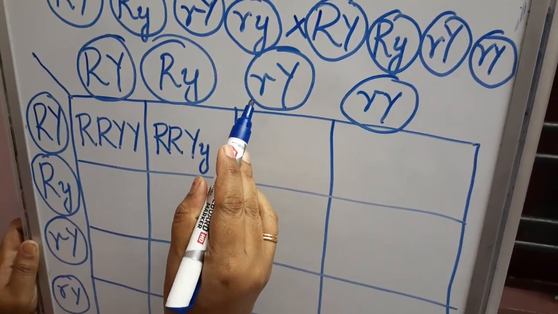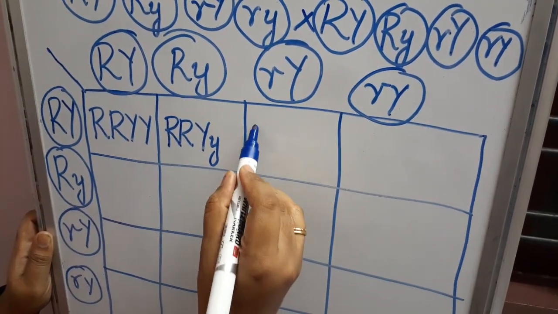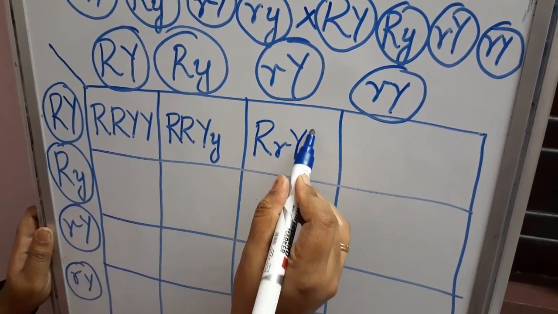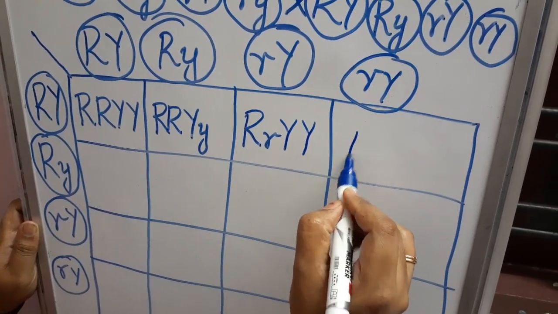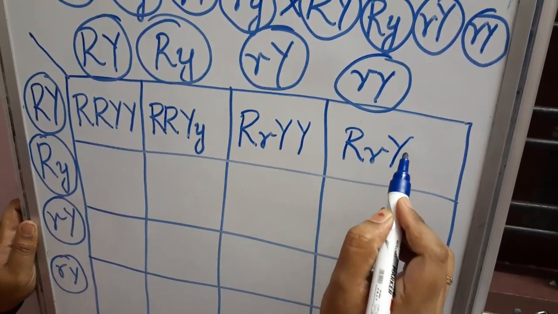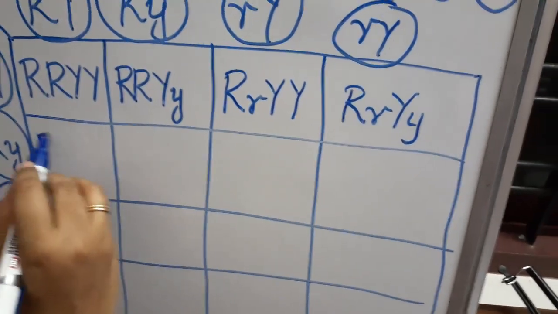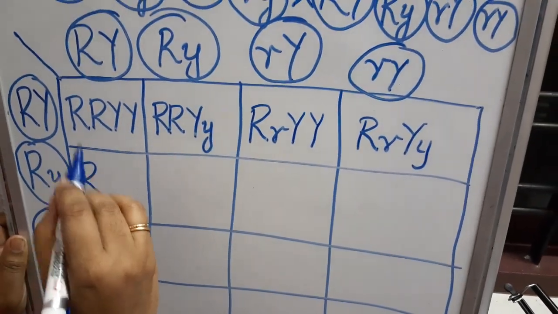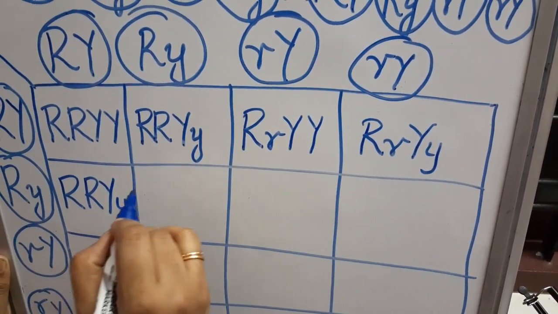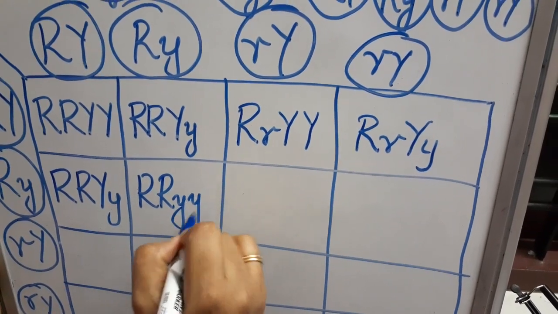Okay, so for this one capital R is there, small r is there. So first you should write capital R, then small r, capital Y, then capital R, small r, capital Y, small y. Okay, then capital R, capital R, capital Y, small y, capital R, small y, small y.